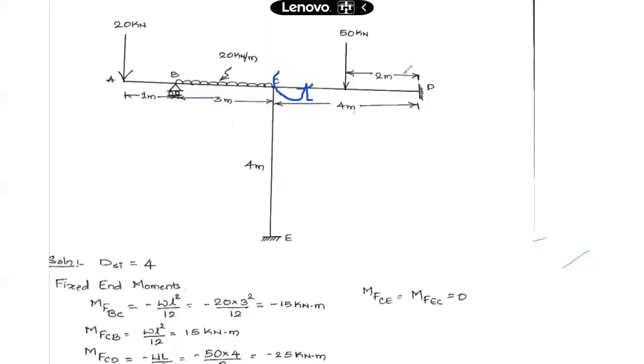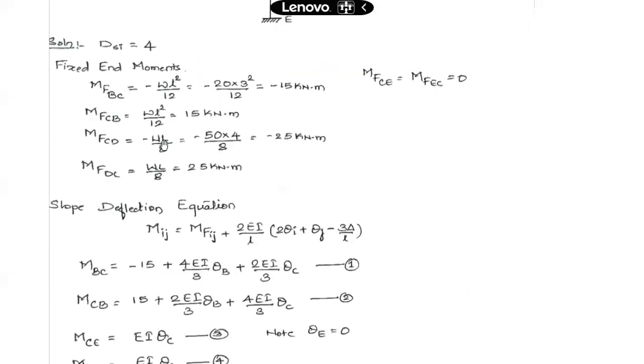These fixed end moments are actually reactions, so they will be opposing the moment due to the applied load. These are the directions you will find at the two ends of this member. You will have to look into those and assign the proper sign. So here I use that sign at joint C in member CD: minus WL by 8, and that comes out as minus 25 kilonewton meter.